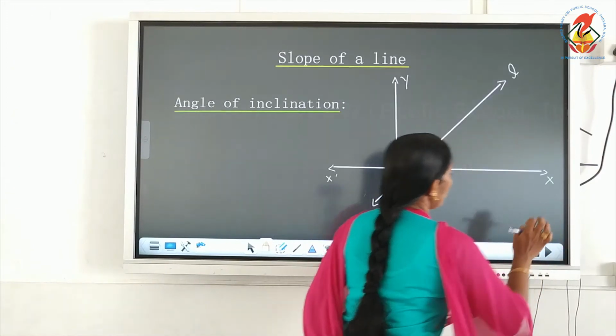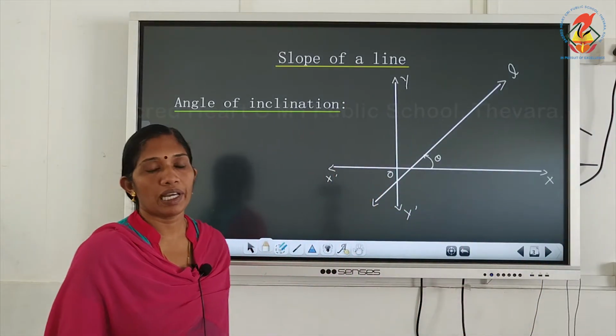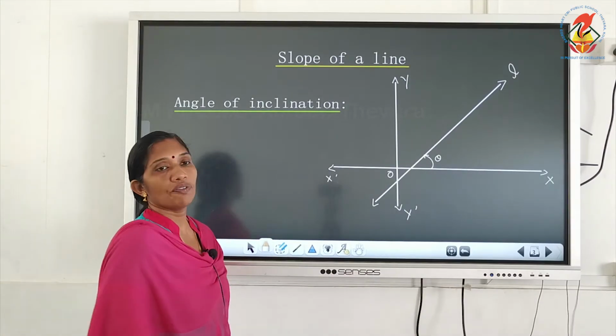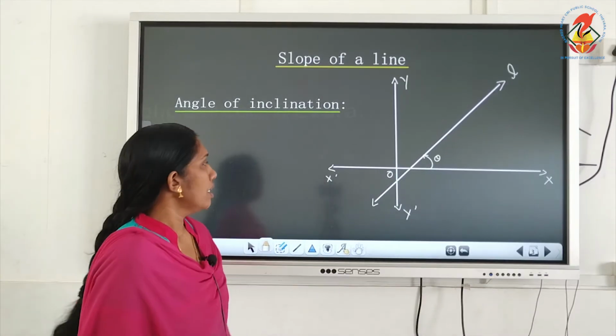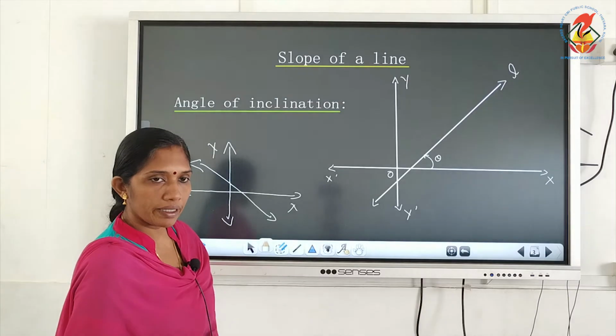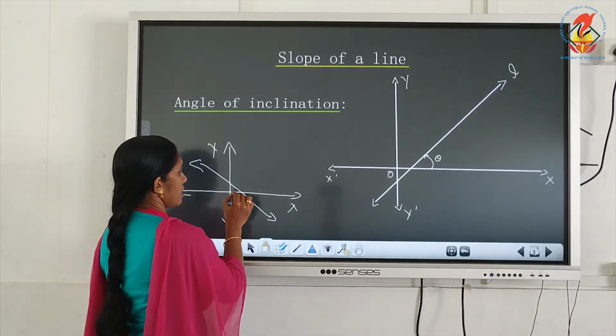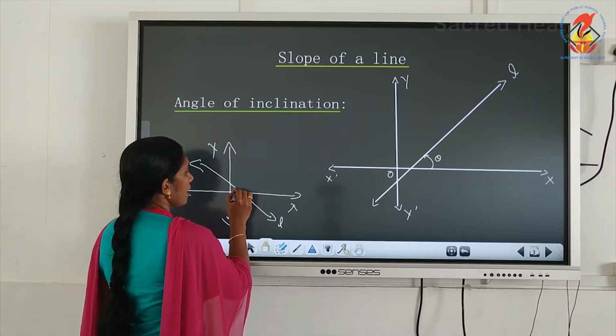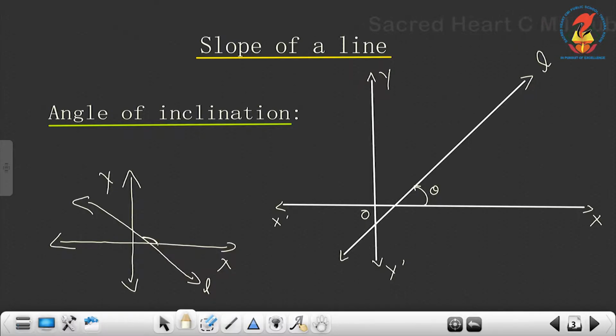Now the new topic is slope of a line. So before that we have to learn what is angle of inclination. When we draw a line in the xy plane, it forms two angles with x-axis. So this is a line, this is x-axis, I can find an angle here and here.